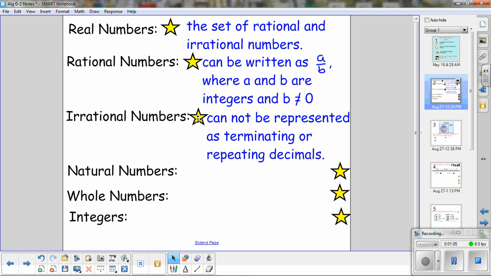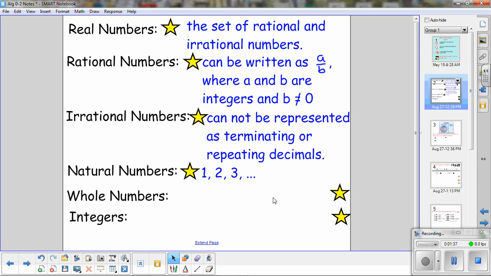Terminating means ending. So we're talking about decimal numbers that do not end or repeat. Natural numbers are also called your counting numbers. 1, 2, 3, and the dots here show that it just continues on.